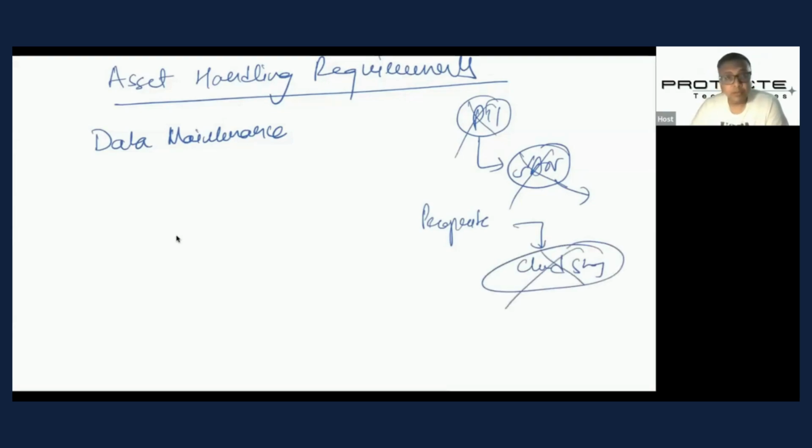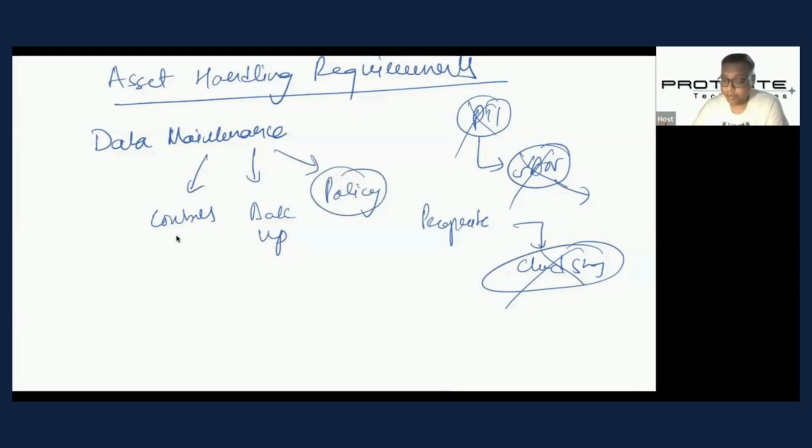Okay, so that means you have to maintain data over its life cycle. And how do you do that? You have controls, you have backup policies, you have to back up, you might have policies for maintaining how the data is going to stay where.